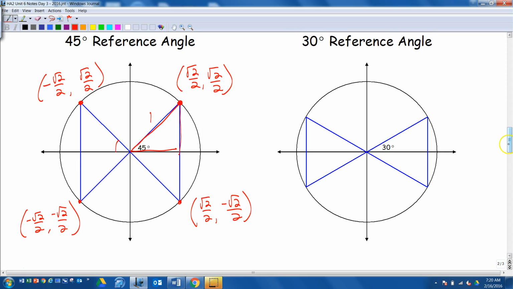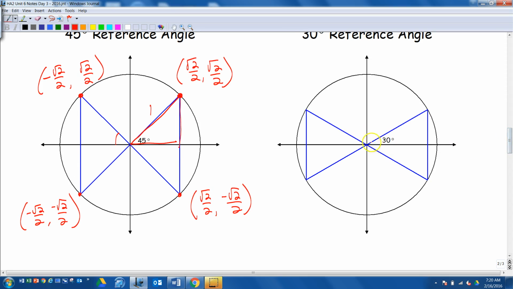For a 30 reference, 30 and 60 work the same way. 30 reference, the opposite side of the 30 is the 1/2, and the x value then would be the root 3 over 2 because it's longer. Always look for the longer versus shorter. So my x is root 3 over 2, my y is 1/2, or my sine. So my x's are my cosines.